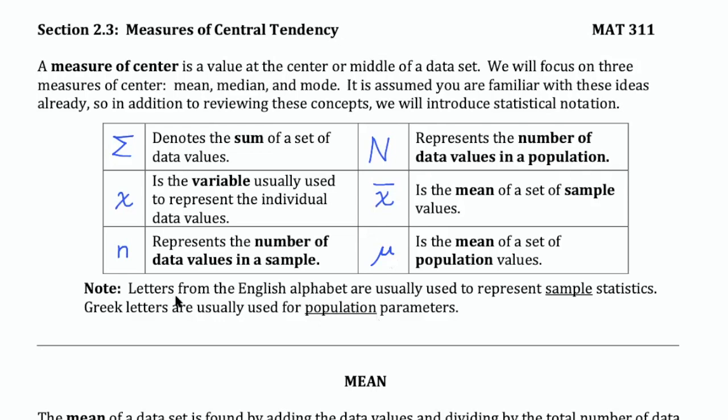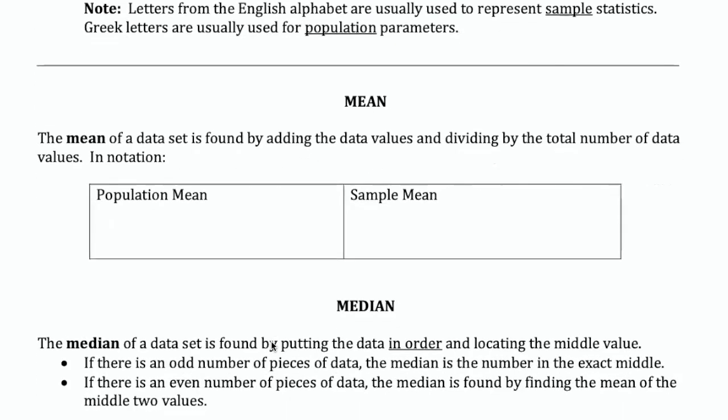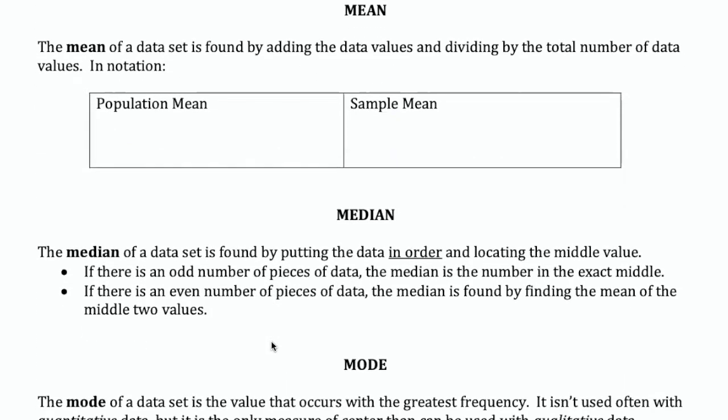Very often, we reserve English letters from our alphabet to represent sample statistics, and then we pull out the Greek letters for any kind of population parameter. So down below here, you should be familiar with the mean, which is found by adding up the data values and dividing by the total number of them. In symbols, you should be used to seeing some formulas for this.